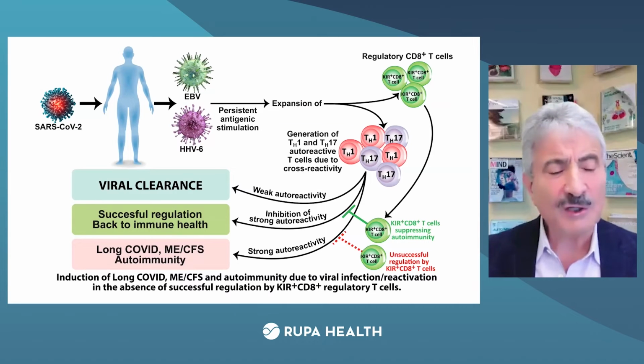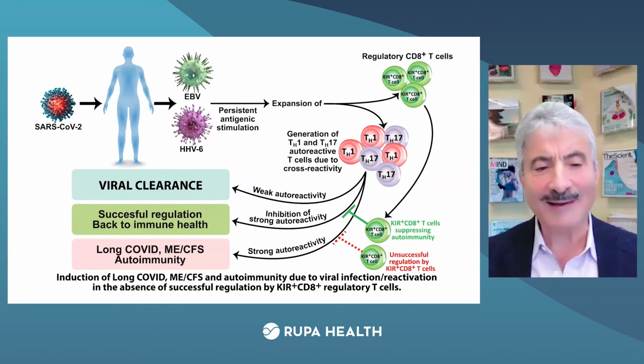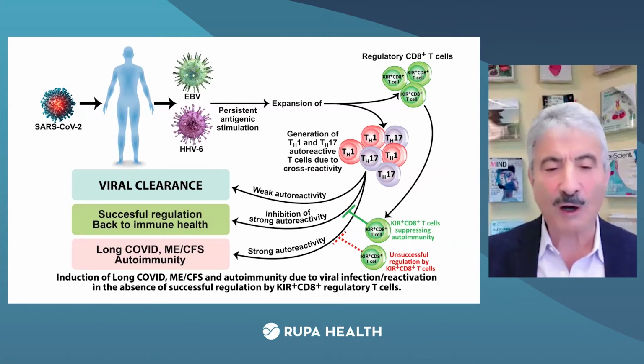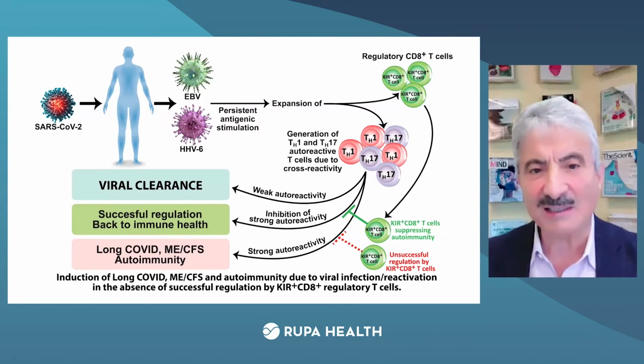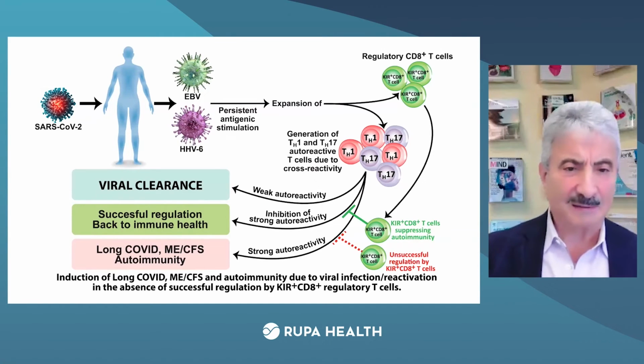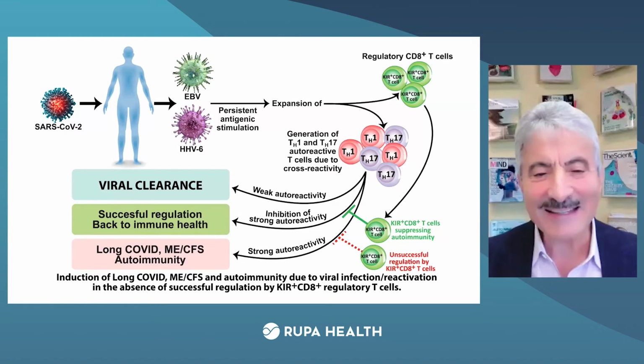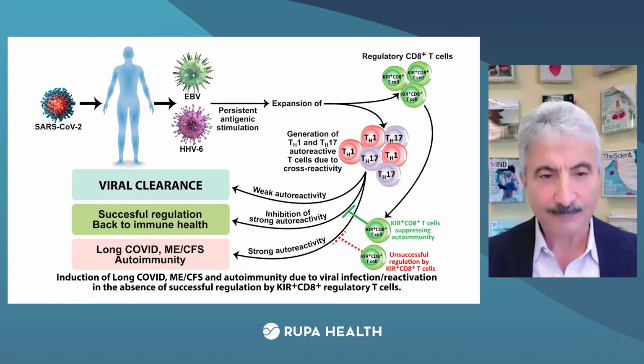So in some individuals, after exposure to SARS-CoV-2, unfortunately, they do not get rid of the SARS-CoV-2. We call that viral persistence. This viral persistence causes reactivation of EBV and HHV6, or latent viruses.